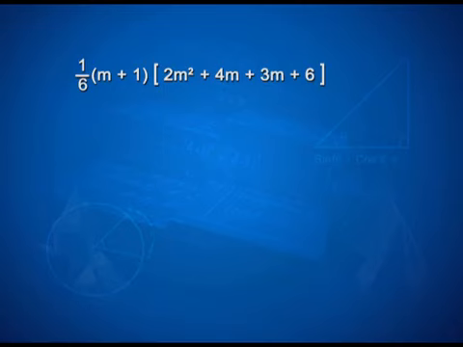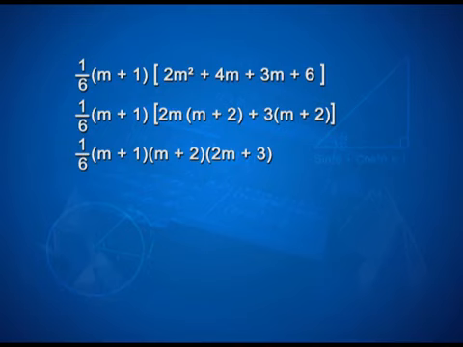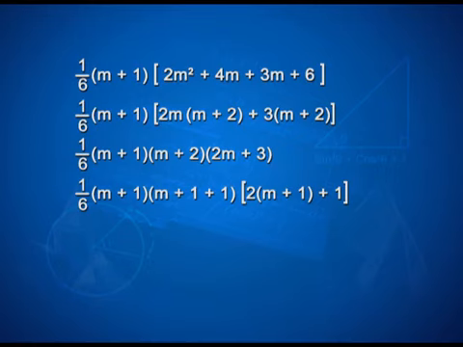That can be written as 1 upon 6 m plus 1, 2m into m plus 2 plus 3 into m plus 2, which can be factorized as 1 upon 6 into m plus 1, m plus 2, 2m plus 3, which again can be shown as 1 upon 6 m plus 1, m plus 1 plus 1, 2 into m plus 1 plus 1. That implies p of m plus 1 is true.